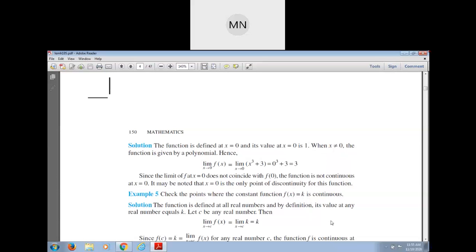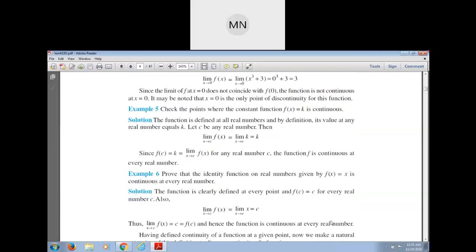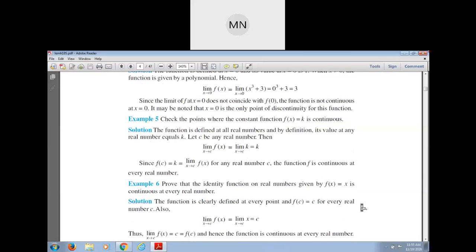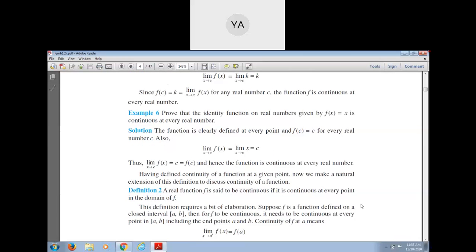Number 3, write polynomial function is continuous everywhere. Have you written? Yes, ma'am. Okay then, write next: polynomial function is continuous everywhere.